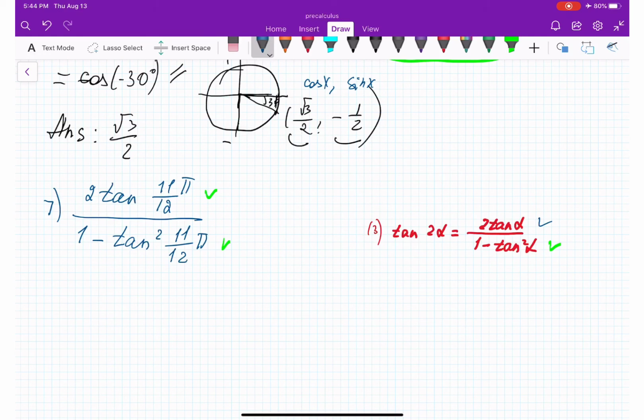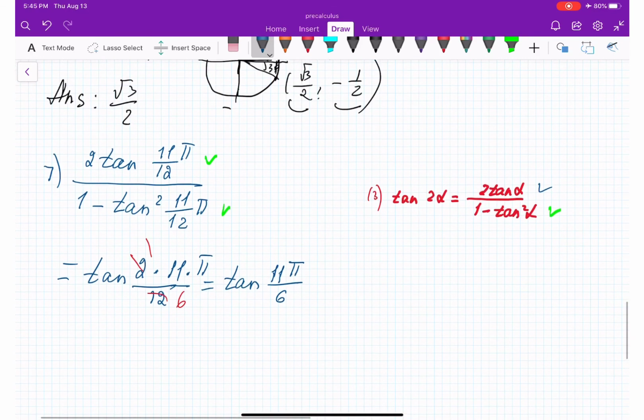So that means this is going to be equal to tangent 2 alpha, which means twice 11 over 12 pi. This is 1, this is 6, and it is going to be tangent 11 pi over 6.